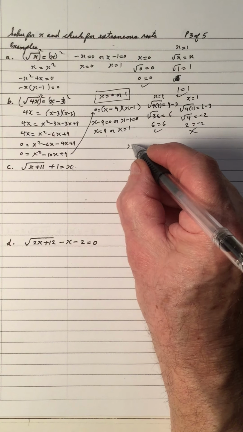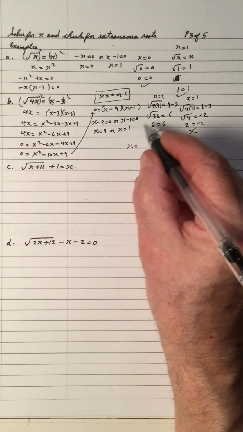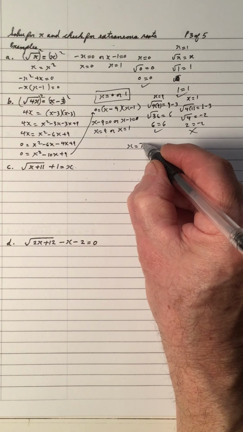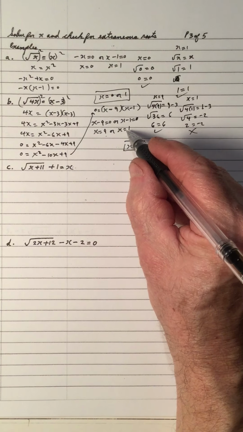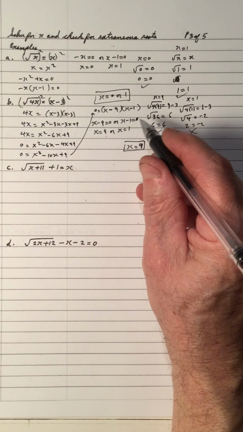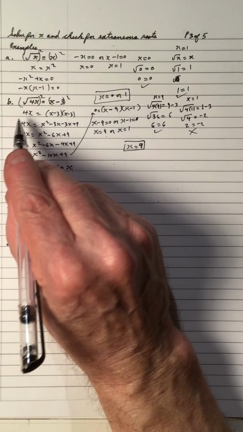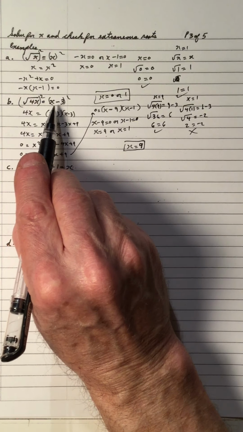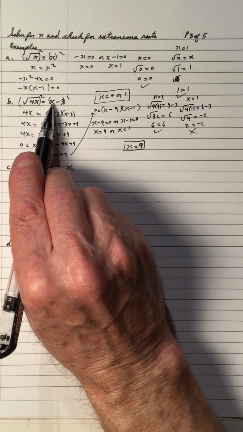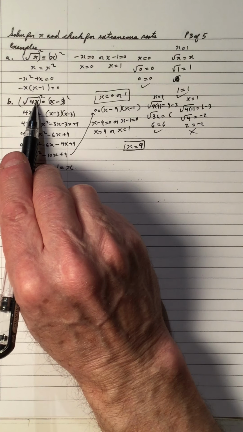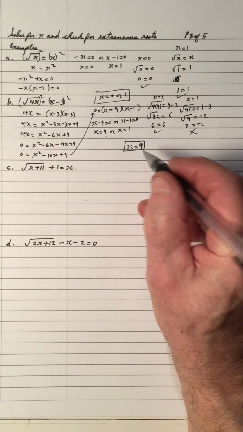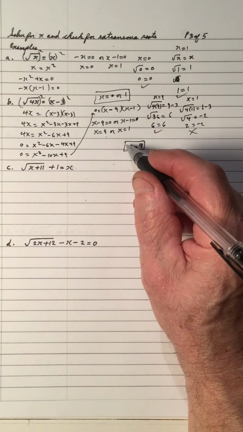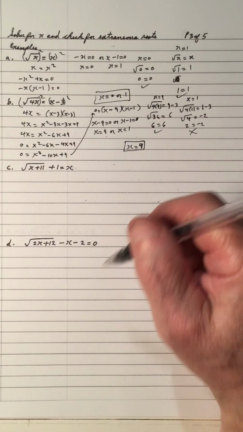So the solution here is x equals 9. 1 didn't work. You can see 1 will not work because when you put a 1 in, you get a negative 2. The square root of this number should be positive. So 1 doesn't work, so the only solution is 9. 1 is an extraneous root, the root that we gained.